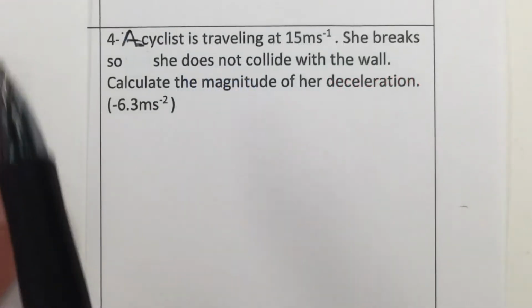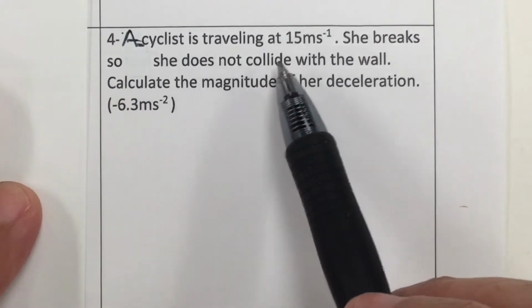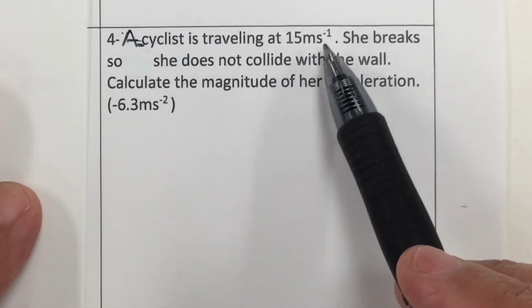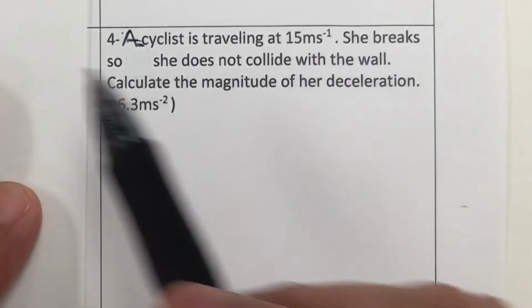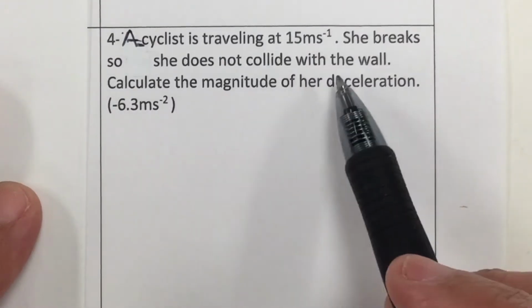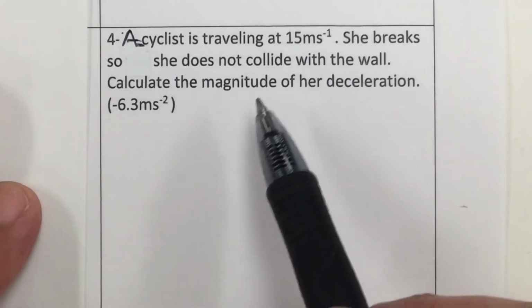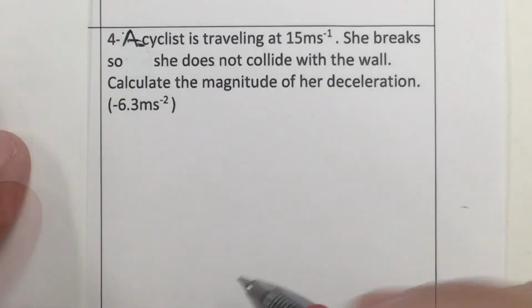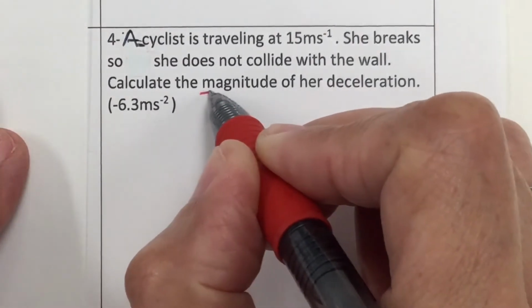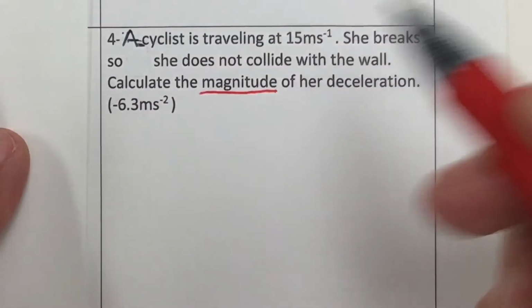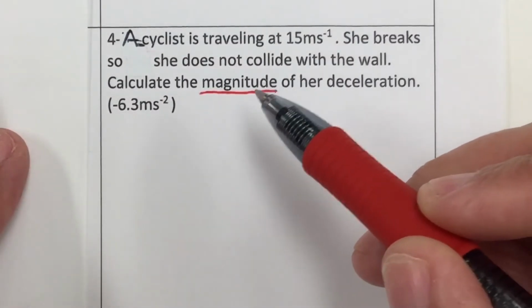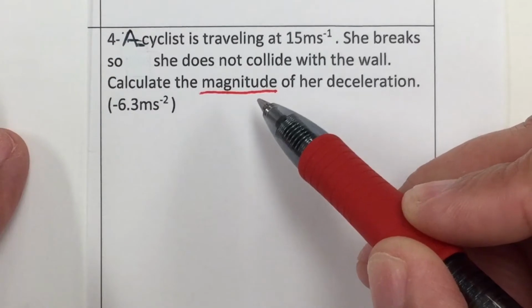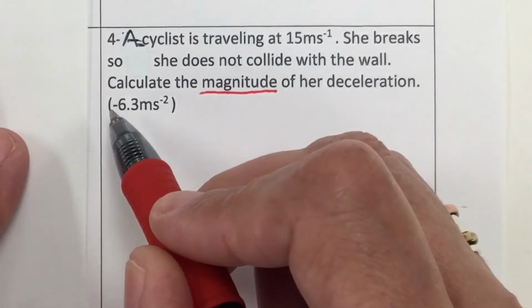Question number 4. A cyclist is traveling at 15 meters per second. She brakes so she does not collide with the wall. Calculate the magnitude of her deceleration. Please note the word magnitude means just the absolute value without the sign.